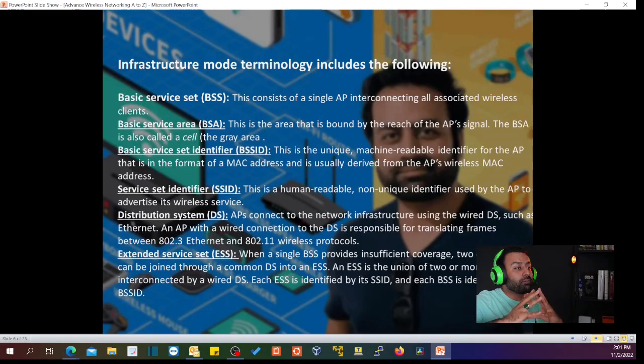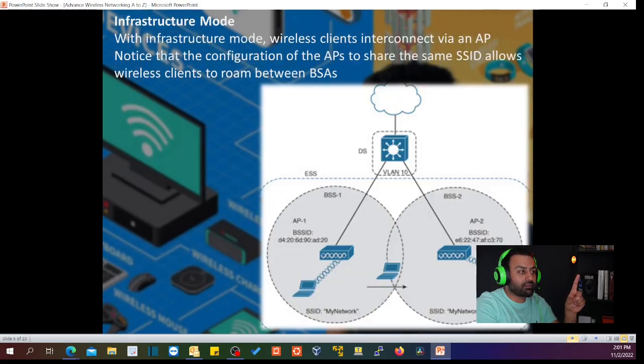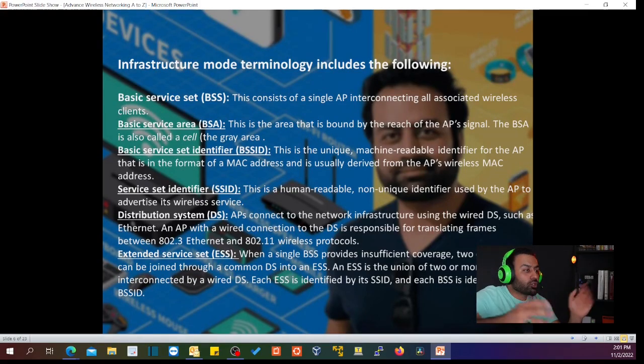And we have a BSA. BSA stands for Basic Service Area. In here, if you look at the BSS, Basic Service Area, BSA should be the gray area. Let's go to the definition. So what is BSA?